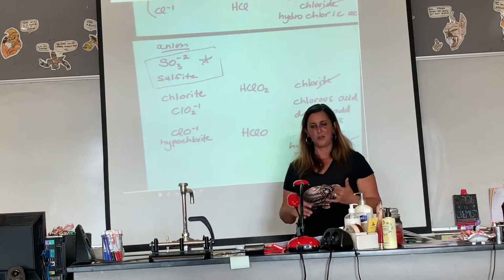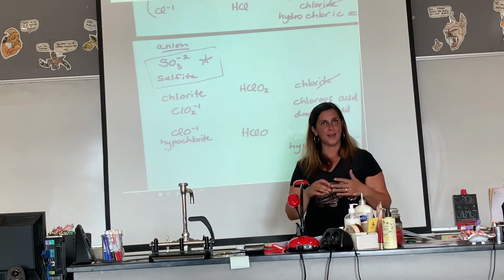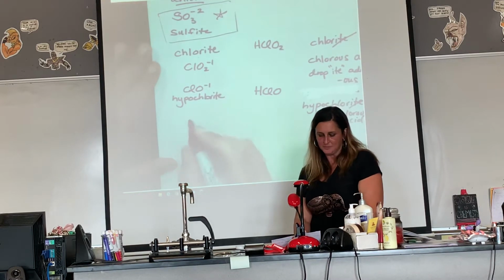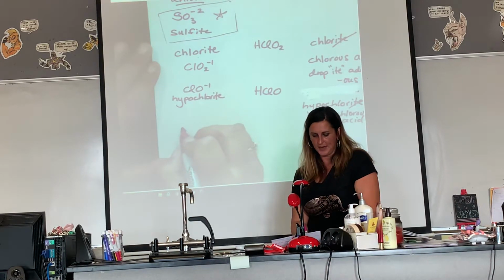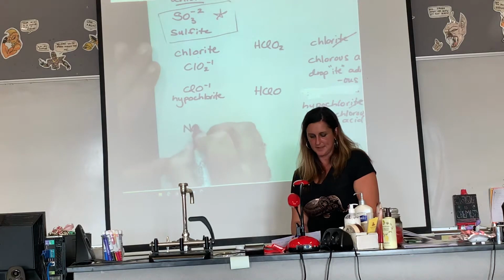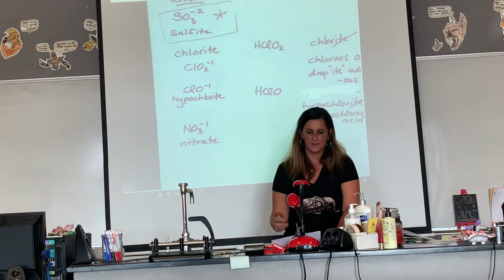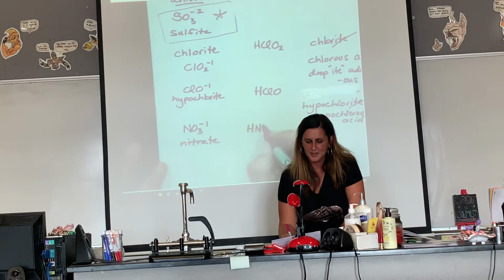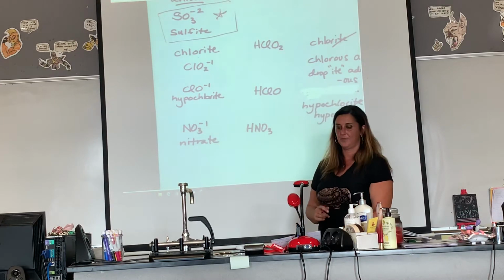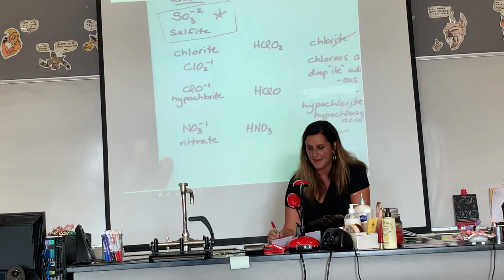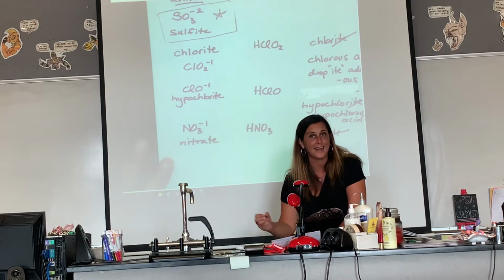So ide becomes hydro and ic, ite becomes us. Then let's say we have a substance that ends in ate, like nitrate, for example, and our acid formula is HNO3. With ates, again, you drop the ending, drop the ate, and add ic acid.